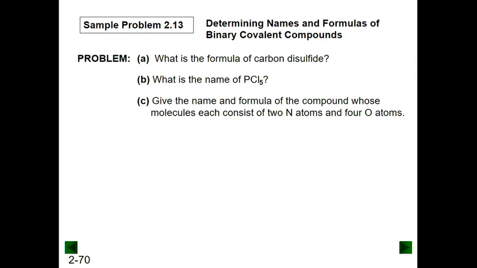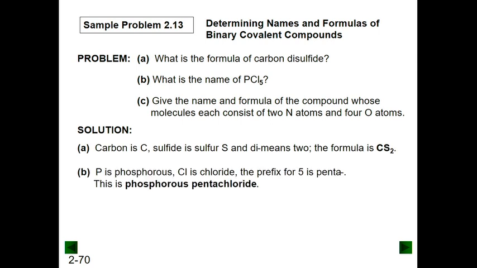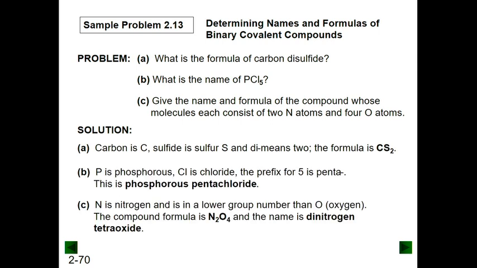Yes, we end with the suffix ide. Then give the name and formula of the compound whose molecules each consist of 2 nitrogen atoms and 4 oxygen atoms. So in this case, nitrogen has a lower group number than oxygen, so the compound's formula is N2O4, and we call it dinitrogen tetraoxide.